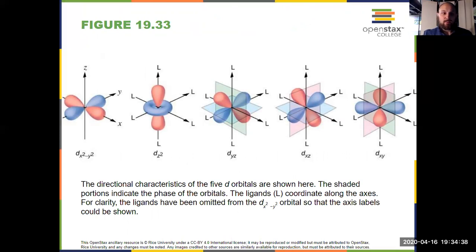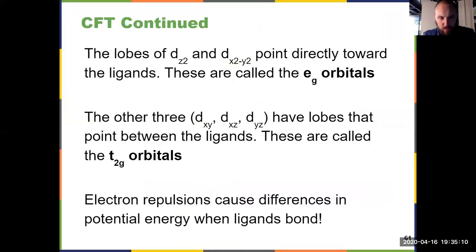Now, if I have a metal that doesn't have any ligands and it's in the gas phase, then all of these d orbitals are equal in energy to one another. And I would expect the electrons to be equally distributed between them, right? Following Hund's rule. But when ligands come in and bond to the metal, these guys are no longer in the same energy conformation, which is what our next slide is talking about.